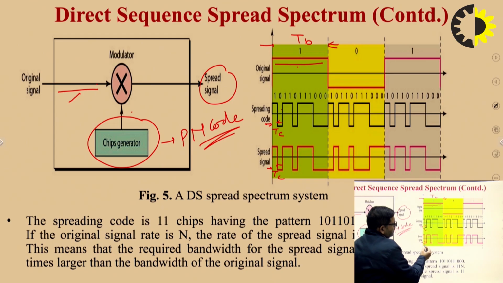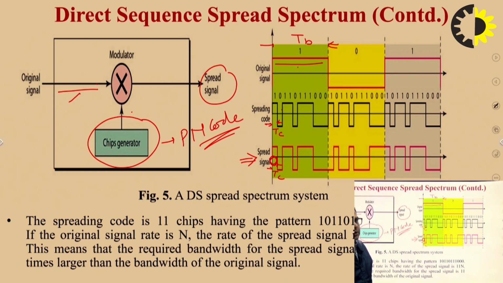So in the resultant signal, the bit duration is quite small, which reflects the spreading of bandwidth, because we know that there is an inverse relationship between time period and frequency. If time is small, then obviously frequency is large. So this figure ensures the spreading of signals.